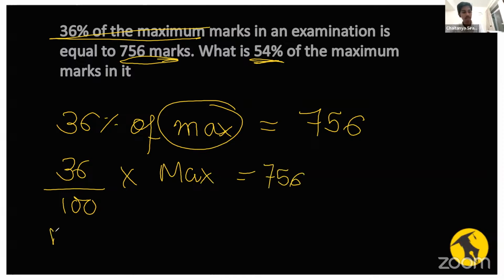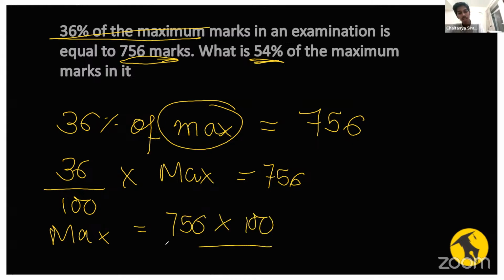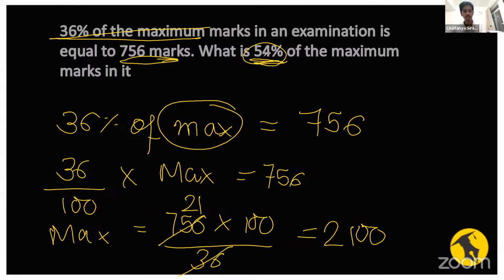If I take it on the other side, max will be 756 into 100 upon 36. If I do this, 36 goes into 72 twice, and I'm left with 36, so it is 1. So the maximum marks is 2100. Now they are asking us what is 54% of the marks. Once you have found the maximum marks, it's very easy. Do 54 of 100, of means multiplication.